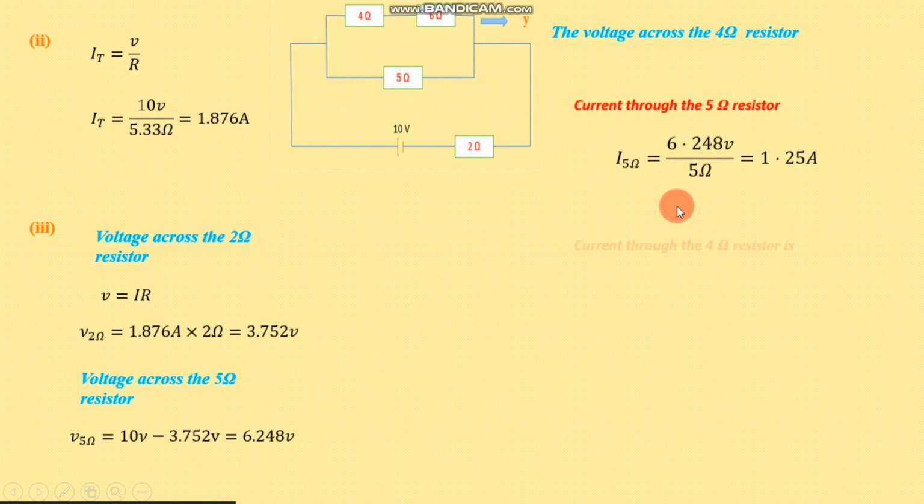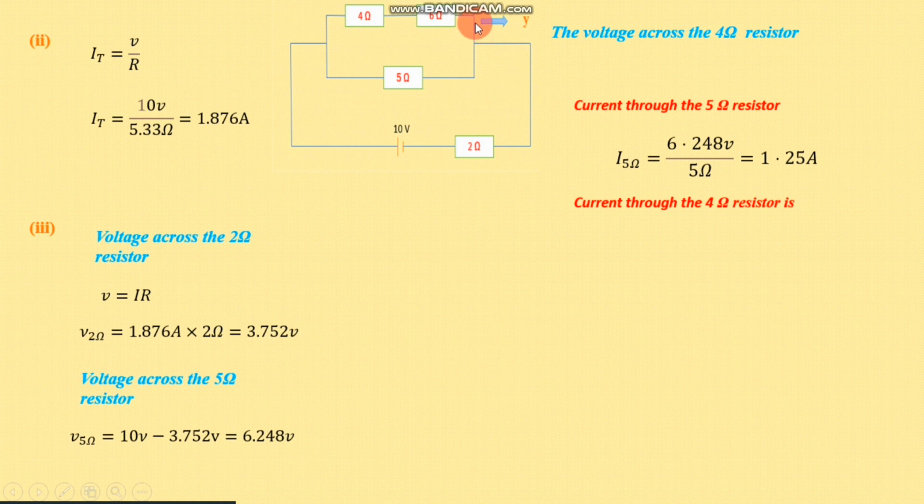So we look at the current flowing through the 4 ohm resistor. Remember, the total current was 1.876 amperes. This was the total current that was passing here, and when they are in series, the current is the same. So in the 2 ohm, 1.876 passed through it, and it will be the same current passing through the entire of this part.